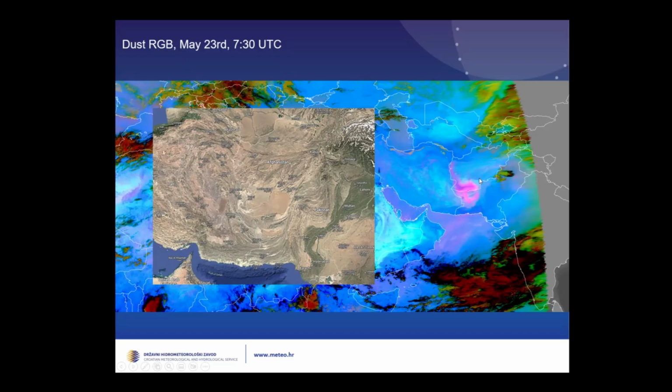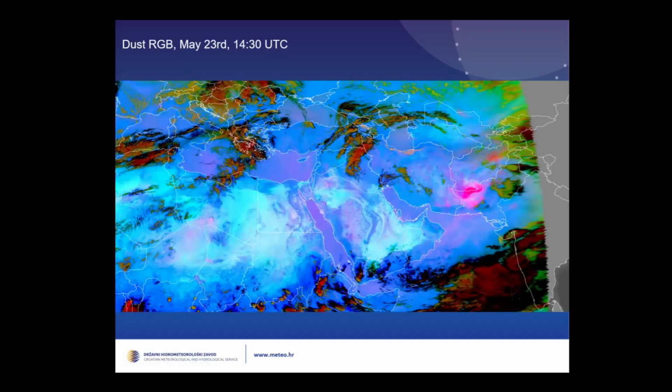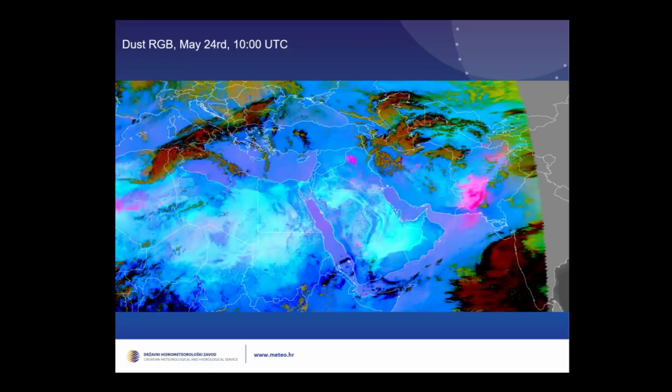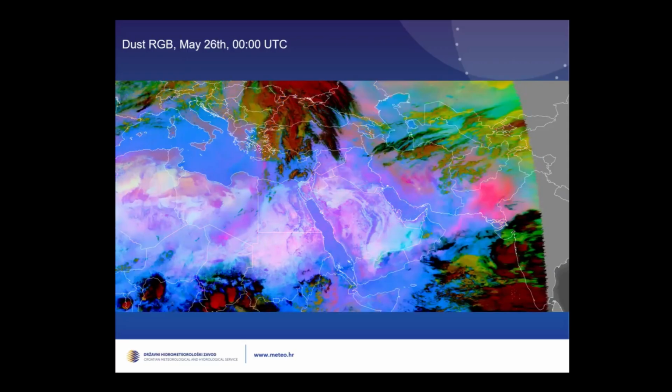However, since some convection started in the following days, the windstorms got worse and worse. And then by the end of yesterday, the dust spread almost over all Pakistan.